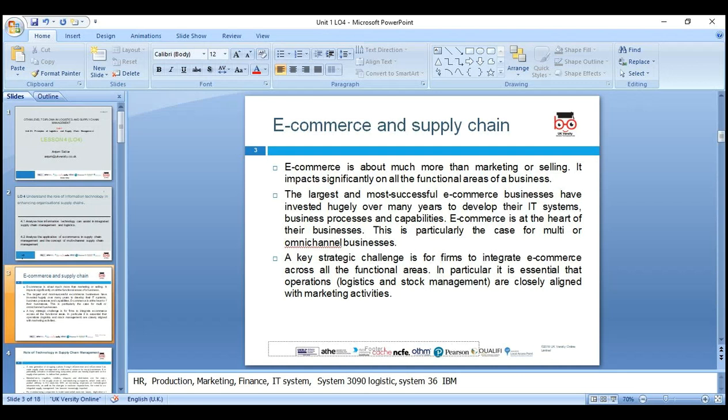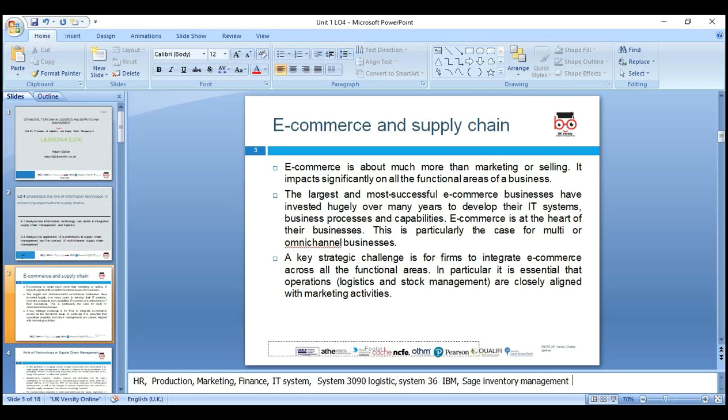We have Sage, inventory management systems, and various other systems as well, Microsoft as well. IT system, business processes and capability. E-commerce is the heart of any business really, whatever business we are doing.